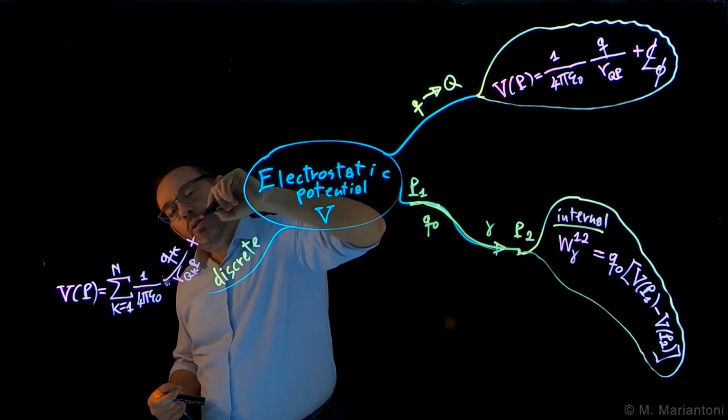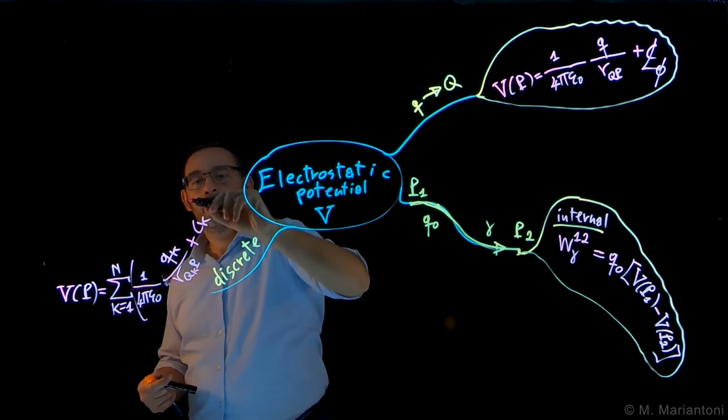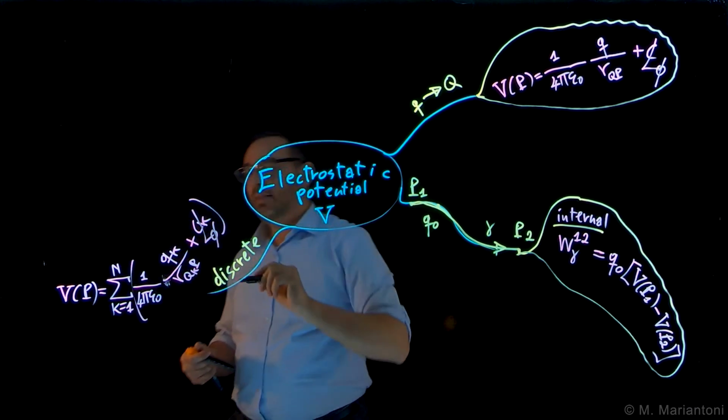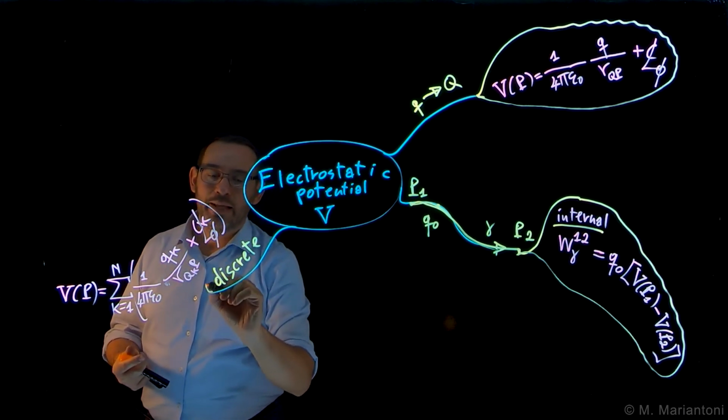And we need to remember also here, plus a constant ck, but again, we set this ck to 0 for normal conditions at infinity.